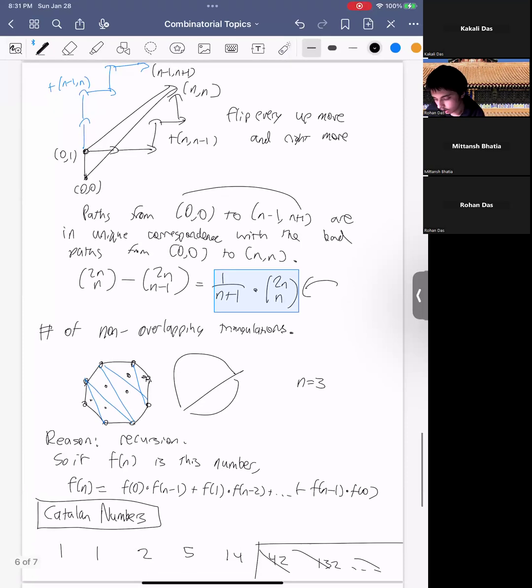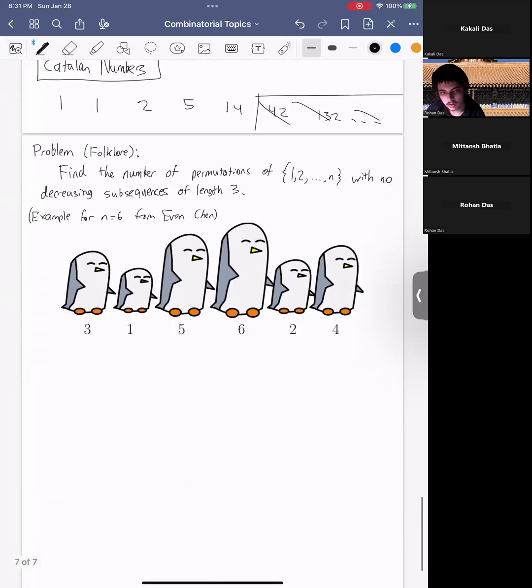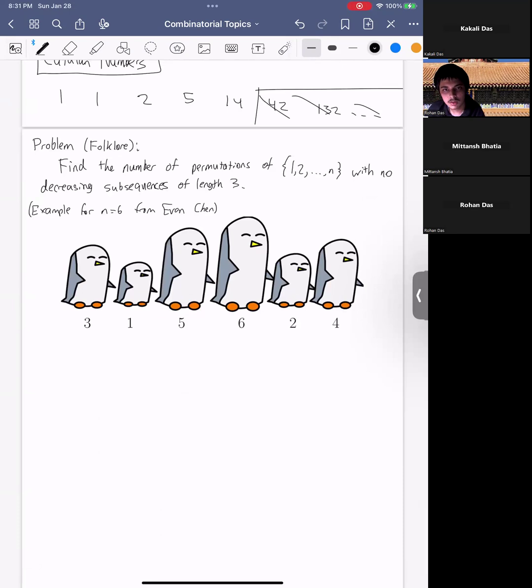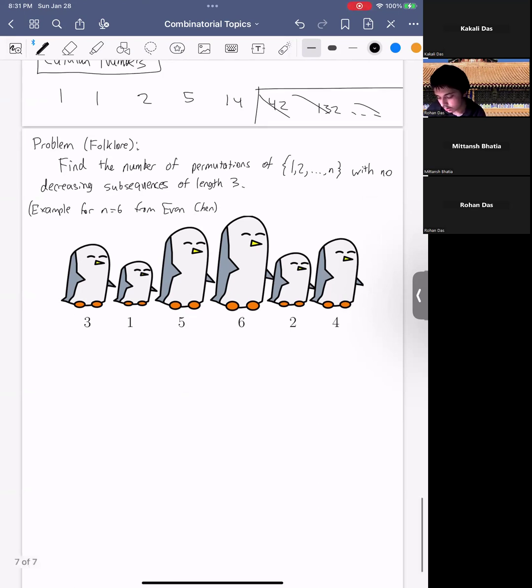And now I'm going to use this to do one last problem, which asks for the number of permutations of n integers such that there's no decreasing subsequence of length 3. What the decreasing subsequence part means is that you don't have any three numbers you consider in order that are decreasing.